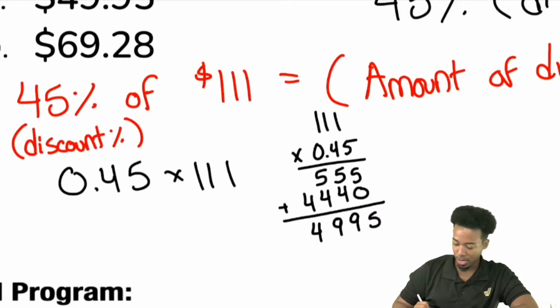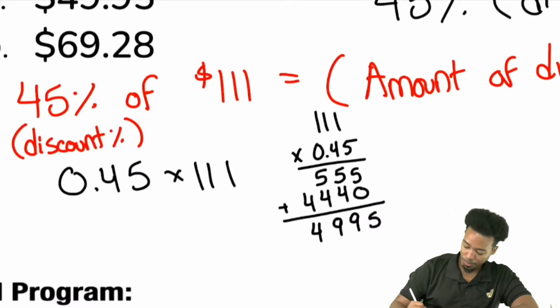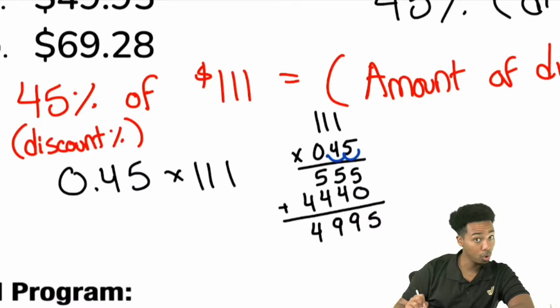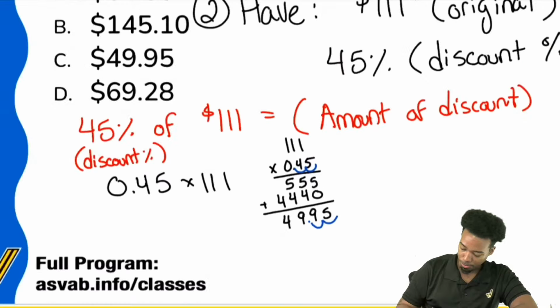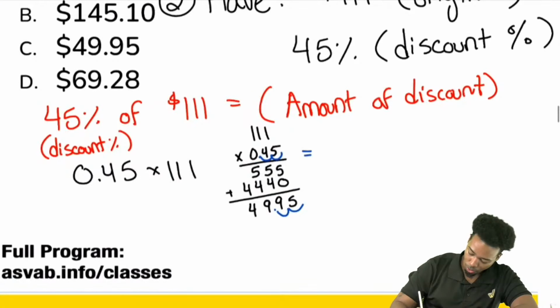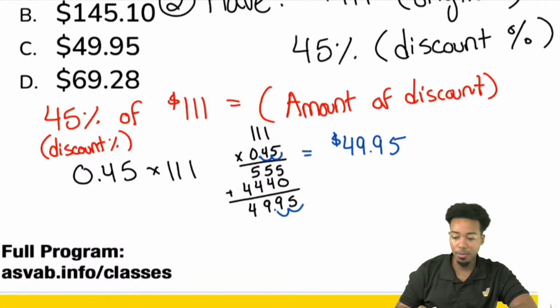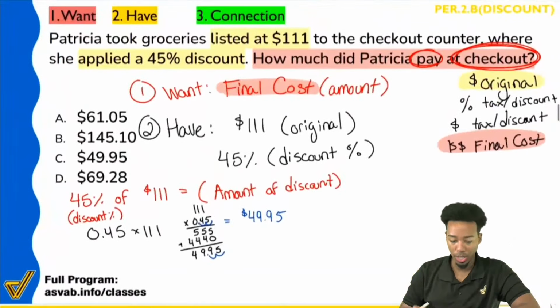So we have 49.95 because we use the 2 decimals that we ignored earlier. Boom, that's going to equal 49.95.